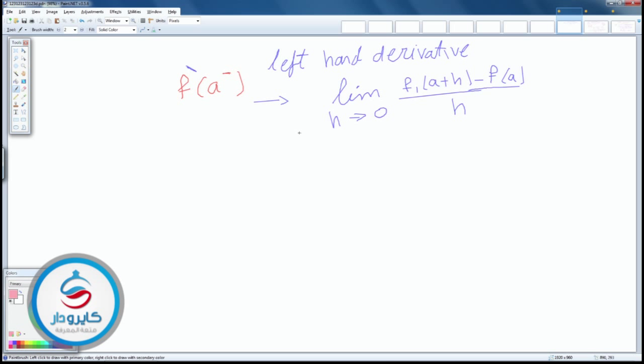Don't forget that we are from the left, so this is the left. دي أول حاجة.